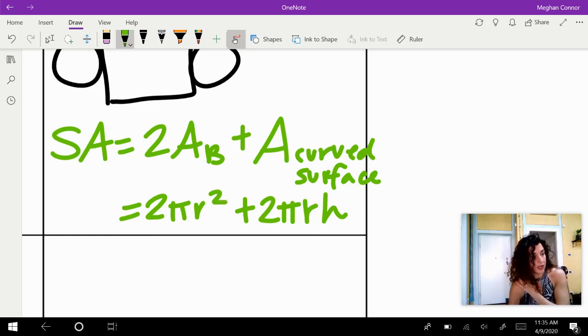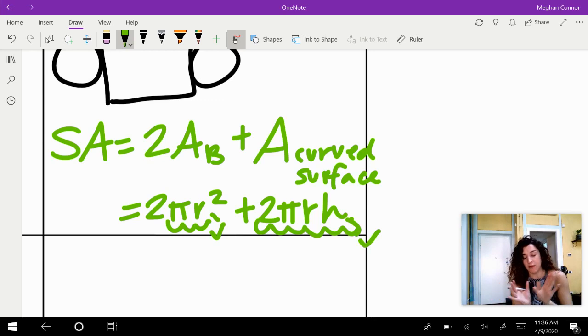squared. Now, this whole formula is not in your formula packet, but this guy, the area of a circle, is in your formula packet. This guy, the area of the curved surface, is in your formula packet.